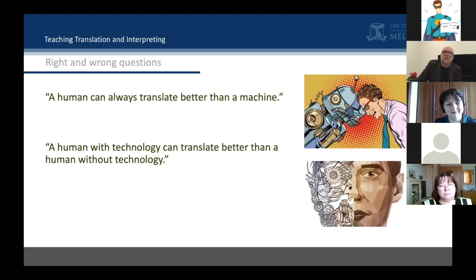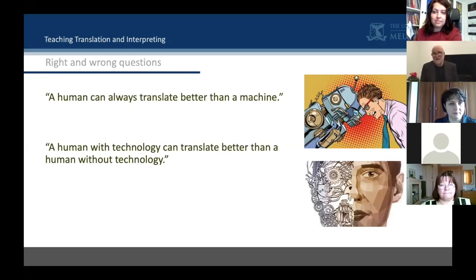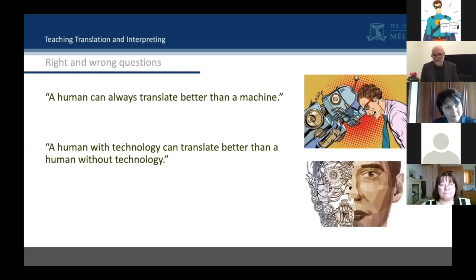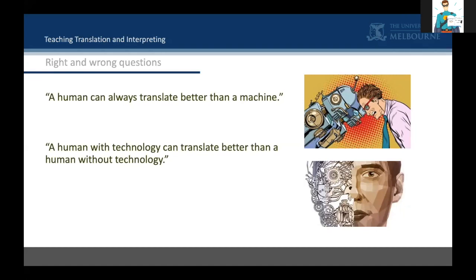So in the first class on translation technologies, I don't tell them this. I get them to do an experiment. Half the class translates from scratch, and the other half puts it through machine translation and post-edits. And then we check the times and see who did it faster. And then we check the quality with peer revision. I don't like marking translations.